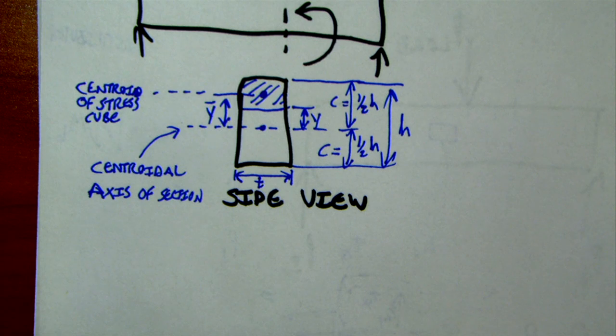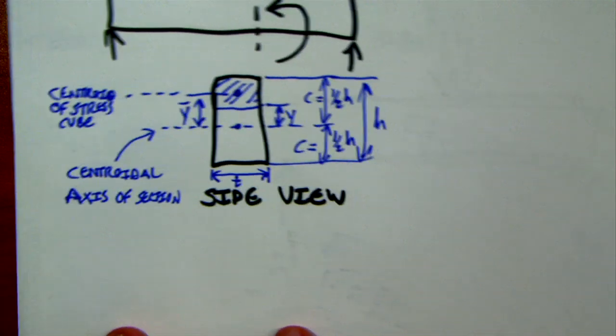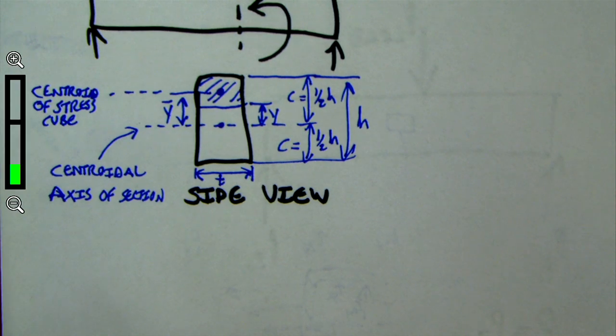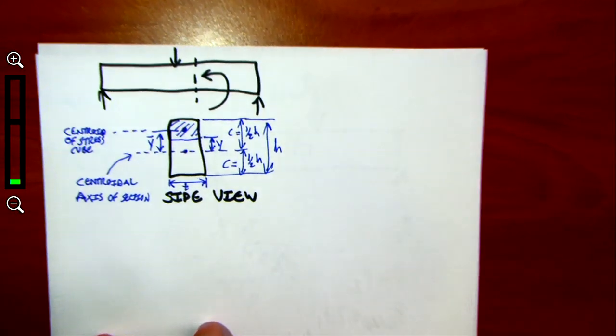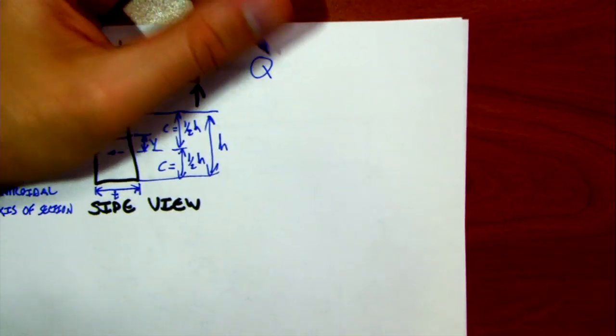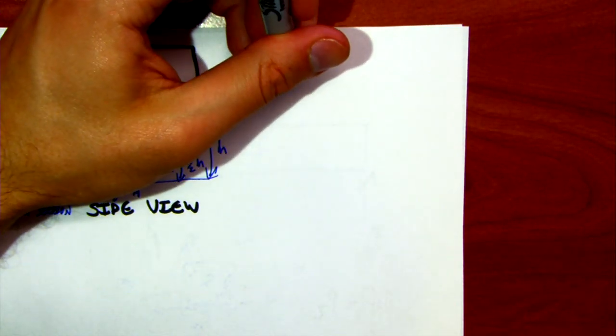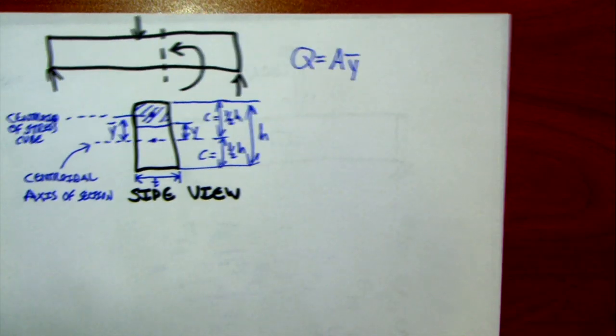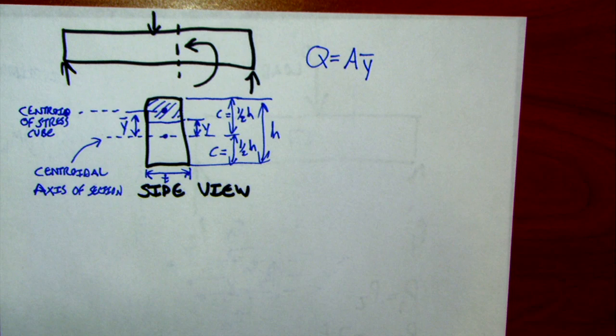So, if I'm trying to find Q, let me zoom out a little bit, give myself some room. There we go. The definition of the first moment of area is area times how far that area is away from a reference.